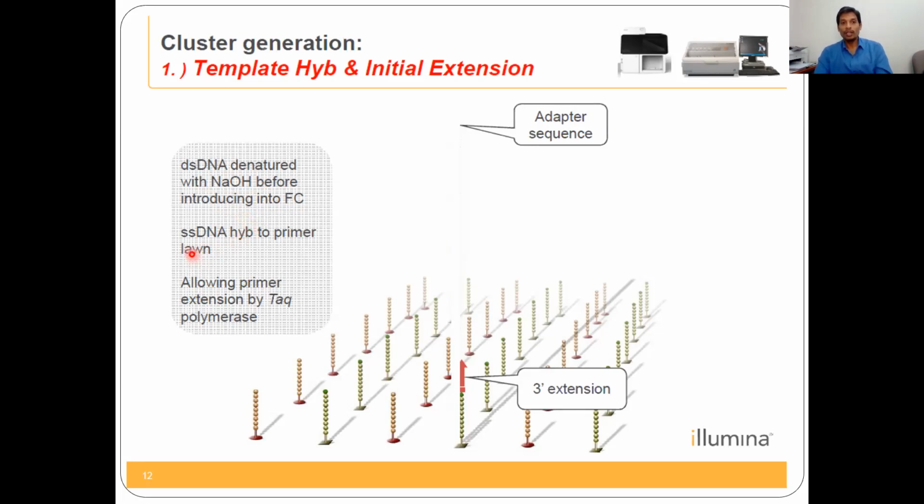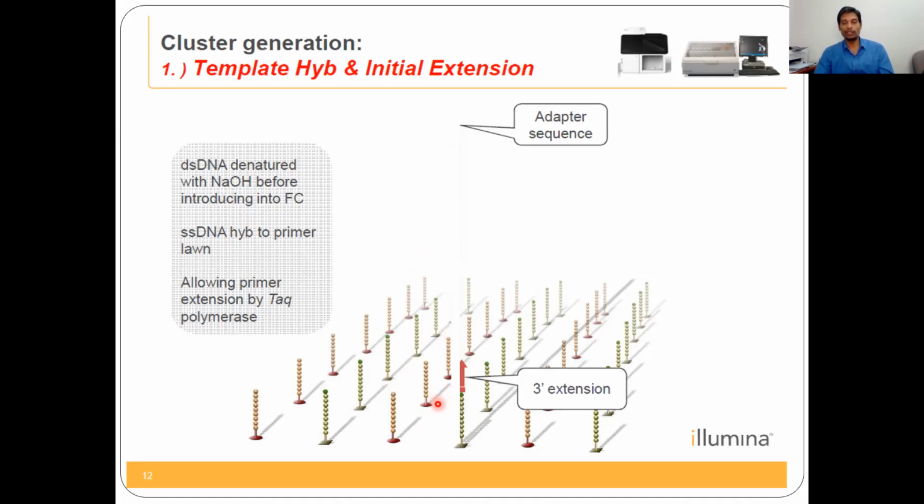And what happens? This single-stranded DNA is going to hybridize to the primer lawn. Why is it going to hybridize, or anneal, if you want to use the same term as in PCR? In PCR, the DNA anneals to the primer because of complementarity, right? The same principle applies here. The primer lawn is complementary to the DNA adapters.